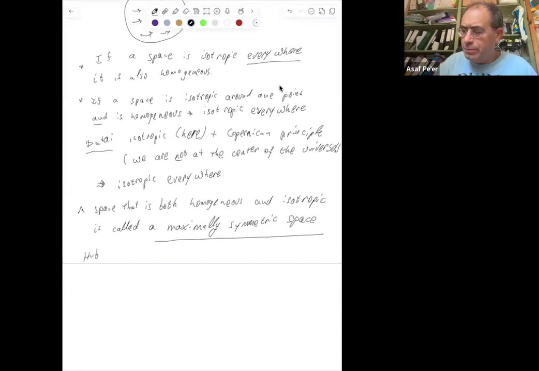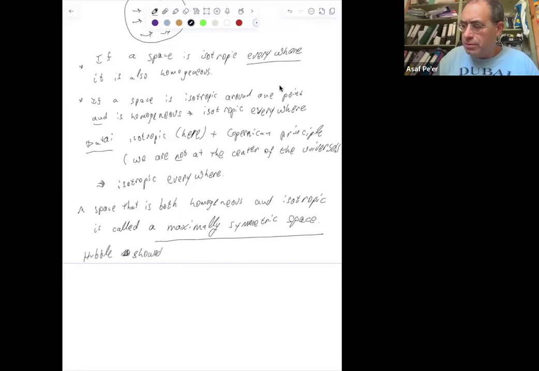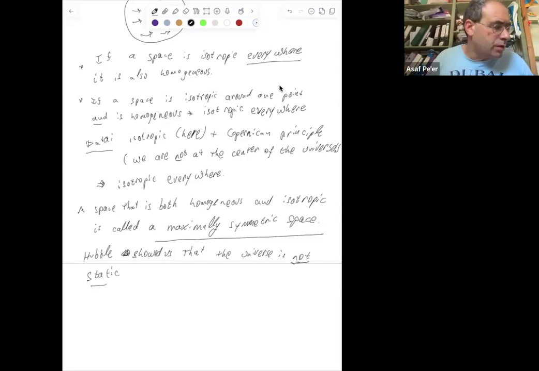Hubble showed us that the universe is not static, but changes with time.